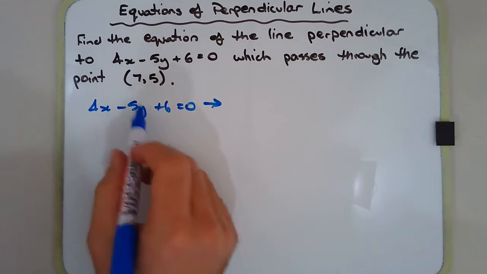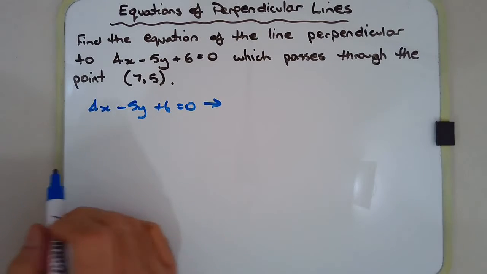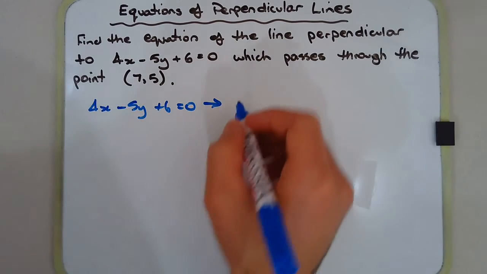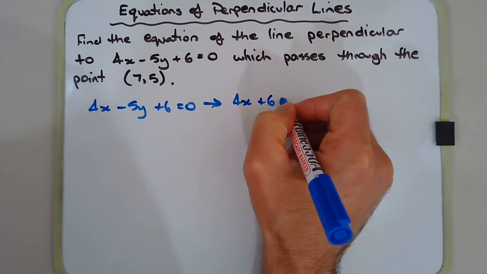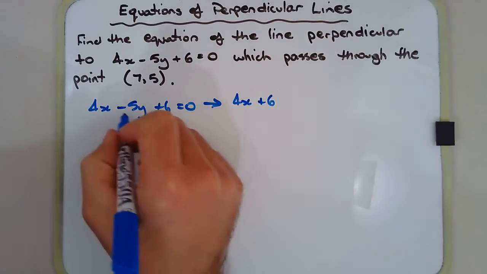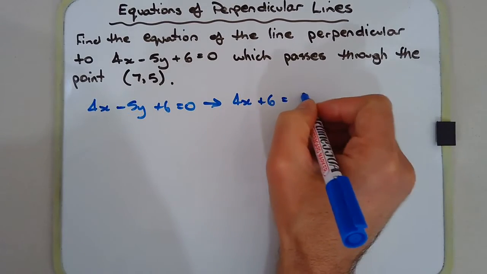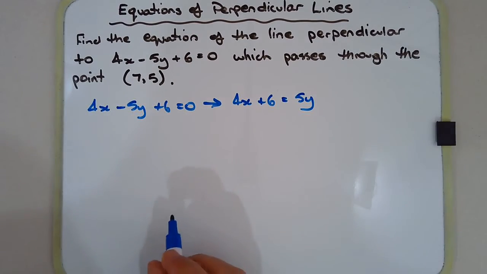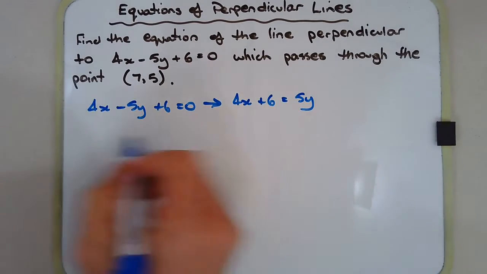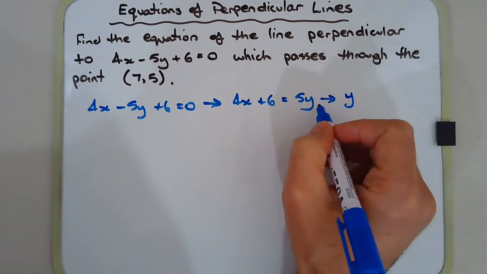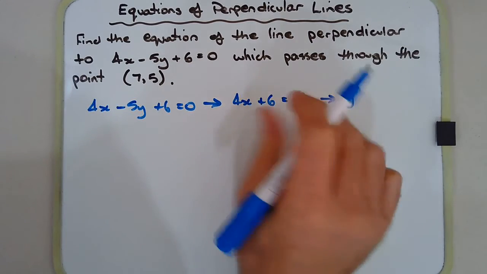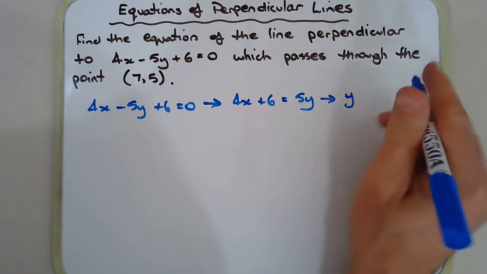So we need to make y the subject of the formula. So we have 4x plus 6. Leaving the 4x and the 6 alone, moving the negative 5y over. Now dividing everything by 5. I'm just going to switch those two sides around.